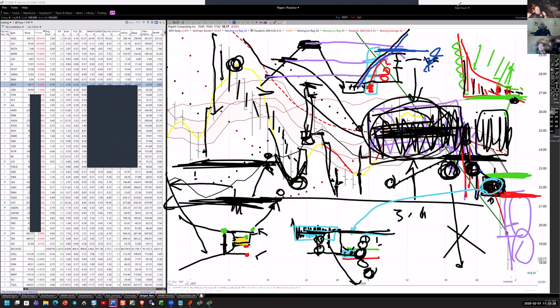Because I don't want to let a 2R win go to zero. I want to keep about 1.4, 1.5. But when I watch the top of that, once that price, instead of going up, starts to decay, you're going to see that the RL10 starts to flatten out.